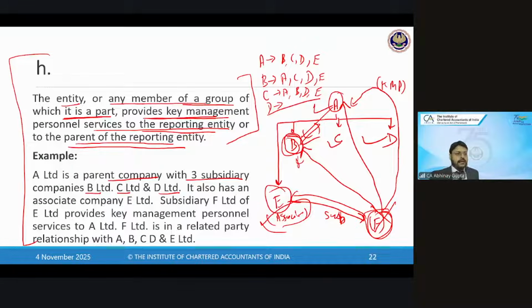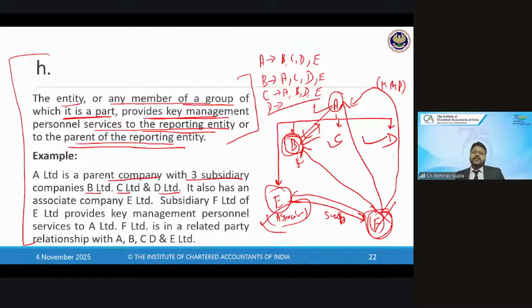So instead of hiring a full-time employed KMP, companies generally outsource to professional consulting firms in the market.